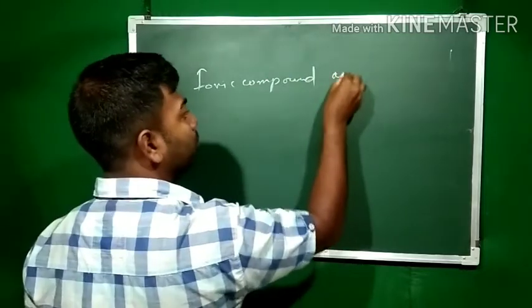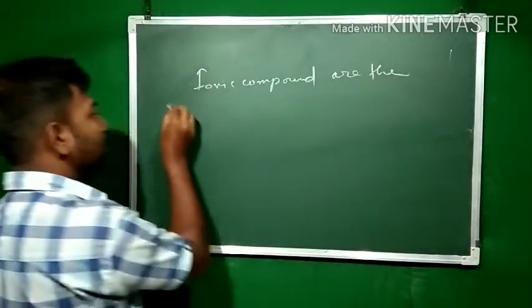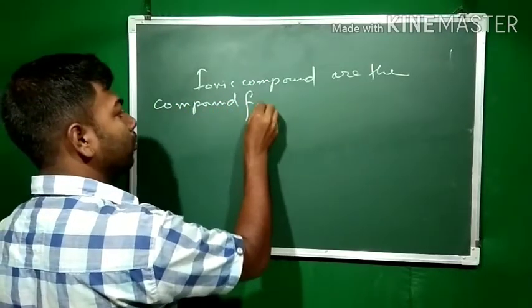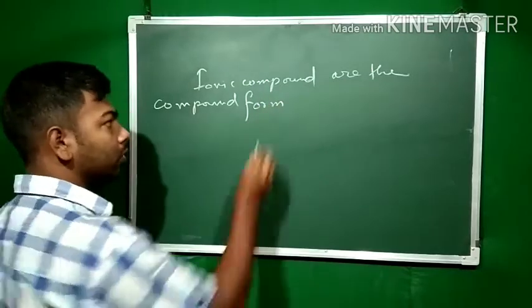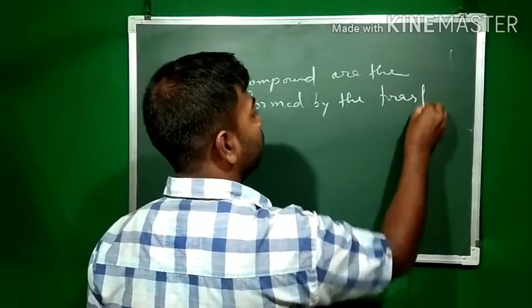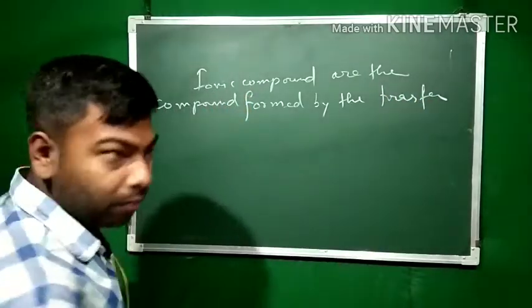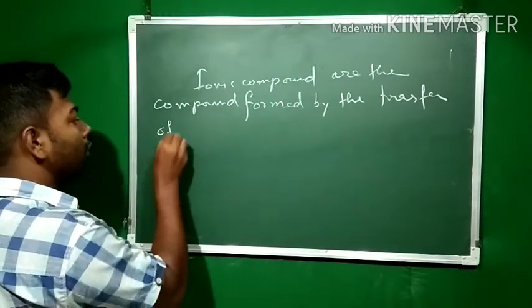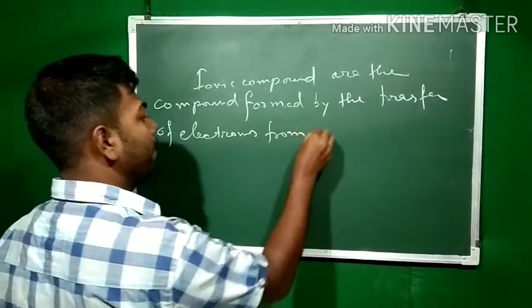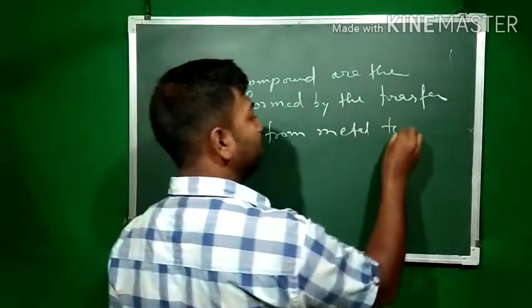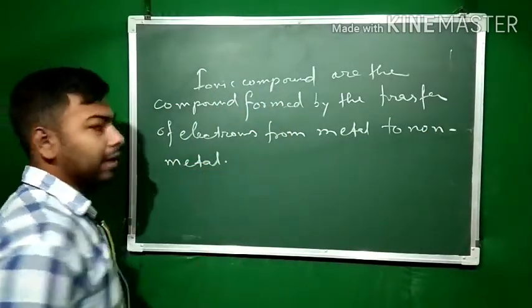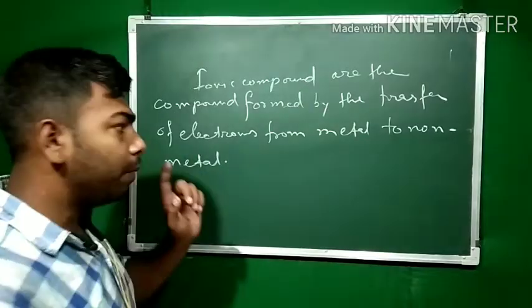Ionic compounds are the compounds formed by the transfer of electrons from metal to non-metal.